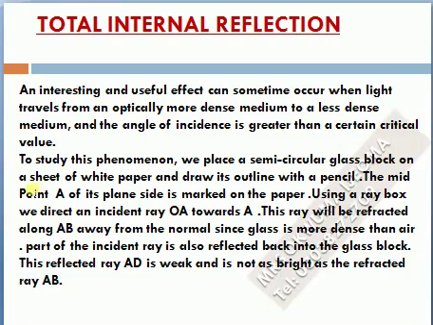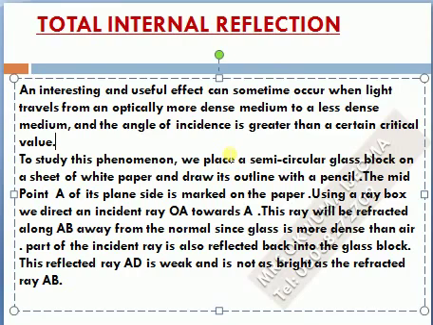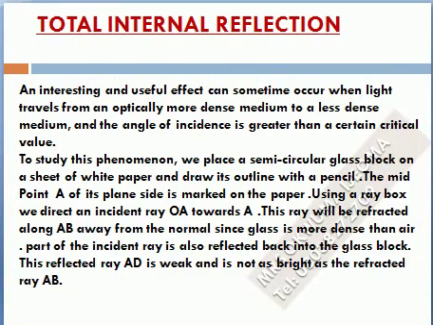Now we are going to study this phenomenon using a semicircular glass block. We place it on a sheet of paper, then we draw our midpoint at normal. We draw the midpoint at A, as we can see from our diagram. Then we use a ray box and direct this incident ray towards the line OA.